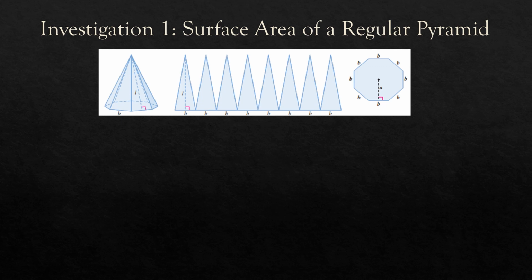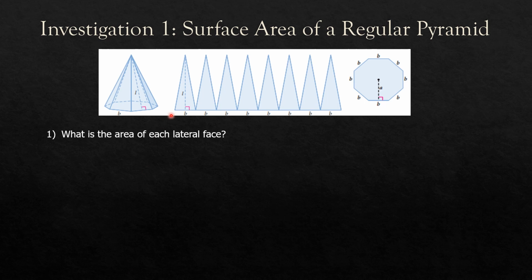Now we're going to go through an investigation to find the surface area of a regular pyramid. What is the area of each lateral face? In this case, we have an octagon base and we have 8 lateral faces.